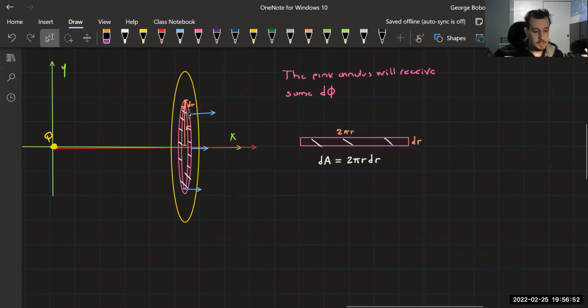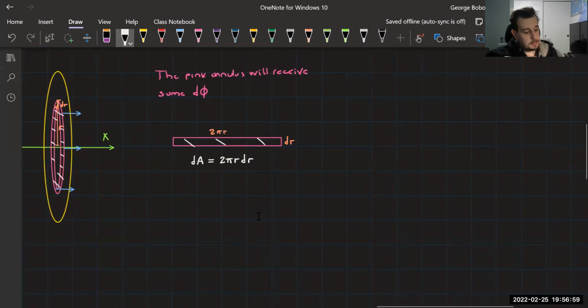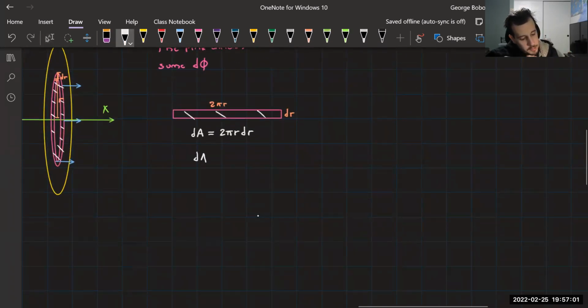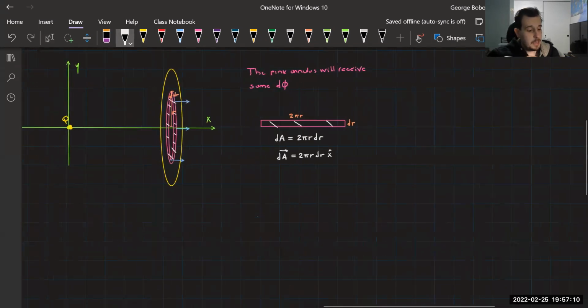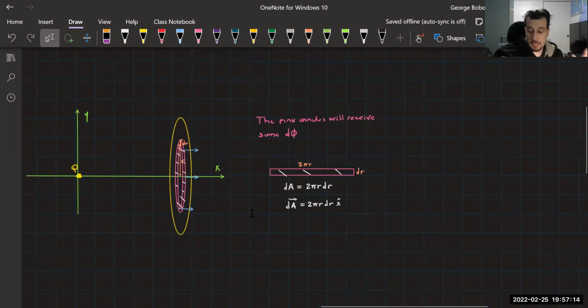They're all pointing in this direction right now for this ring. Okay, so I would say, if I wanted the full vector, that this dA is pointing toward the x direction. Okay, and then I would like to find how the dA interacts with my electric field.